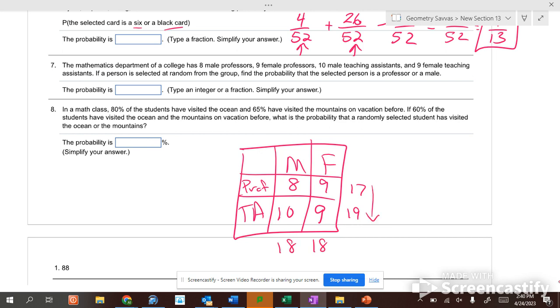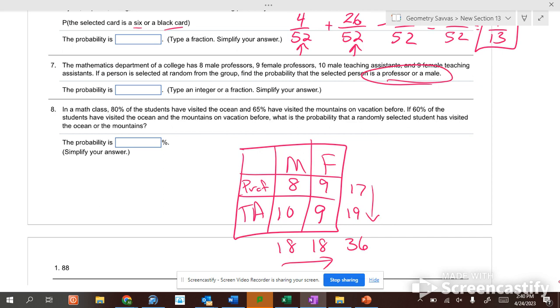Both of these add up to how many people? 36.